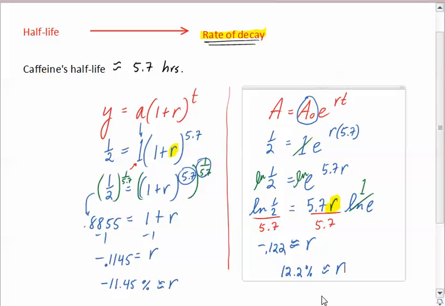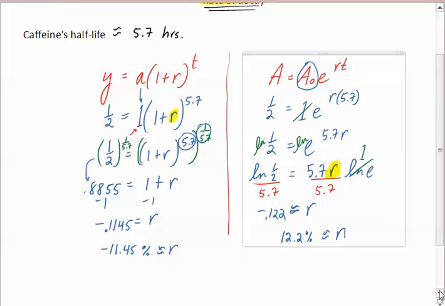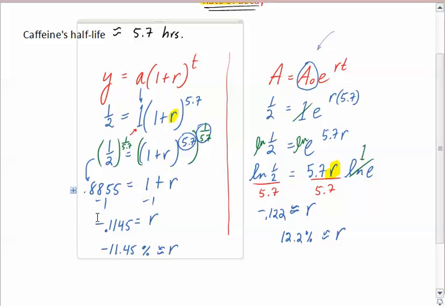So you notice that these are really close, right? Almost 11.5 to 12.2. That's not much difference. Now, a lot of people will use this formula because it models what really is going on.